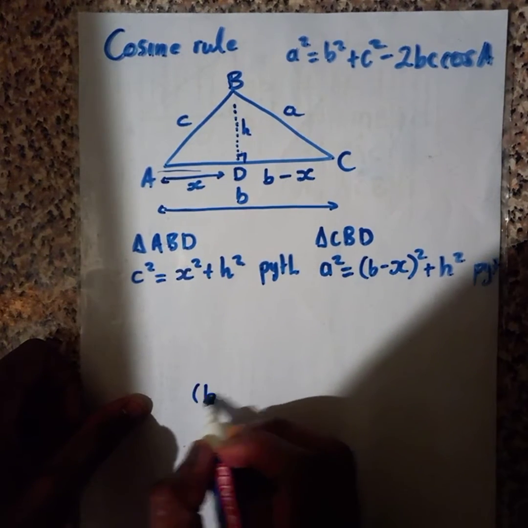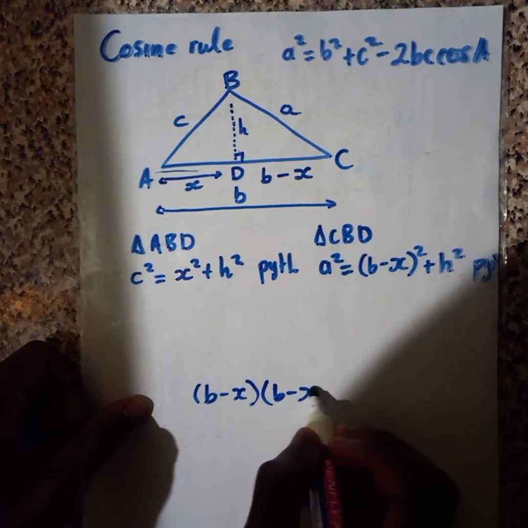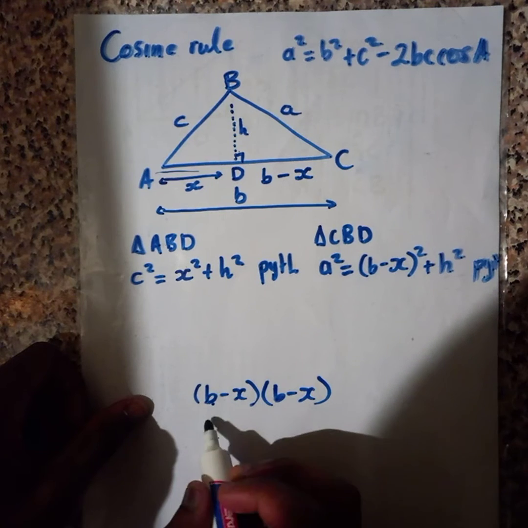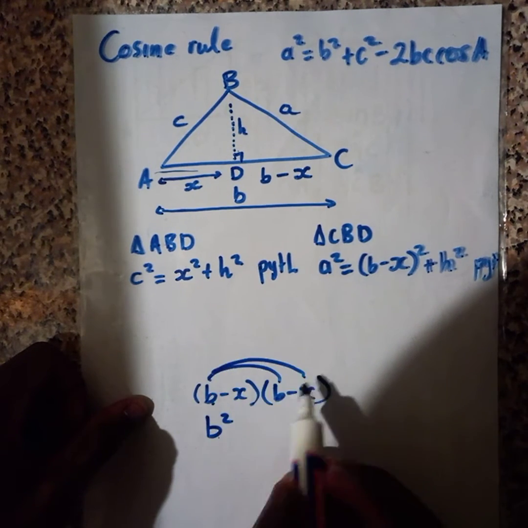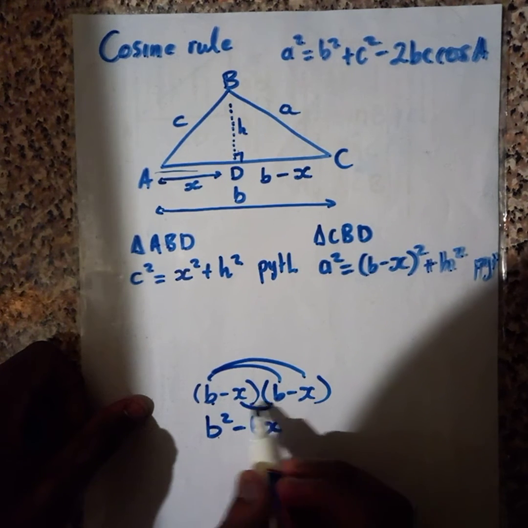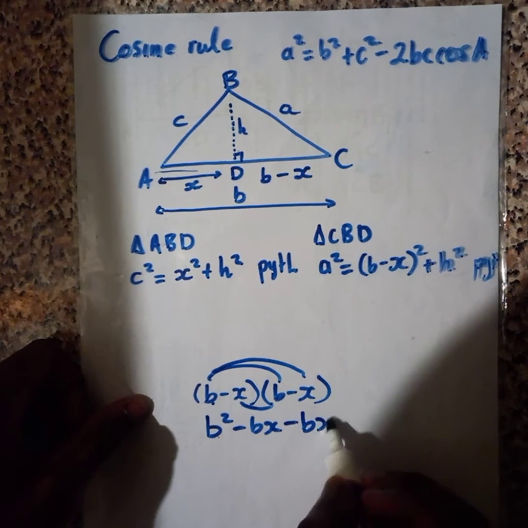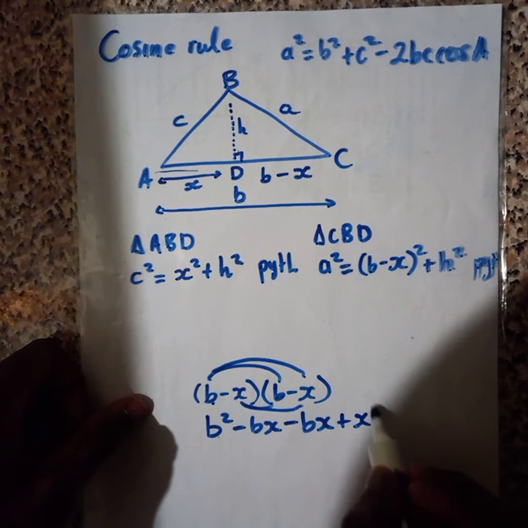Now, at this point, let us simplify (b minus x) squared. We know that if we have something like this, we have to expand it. Immediately after expanding it, b multiplied by b, we get b squared. b with negative x, it's minus bx. Negative x with b is going to be negative bx. Negative x with negative x, it's plus x squared.